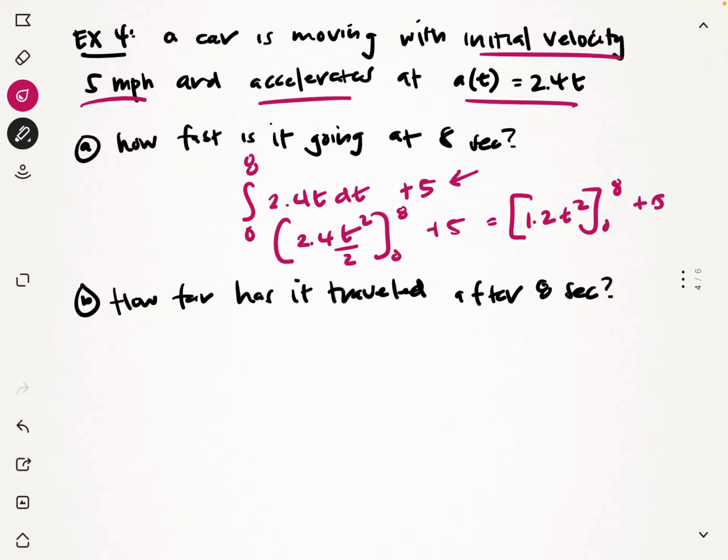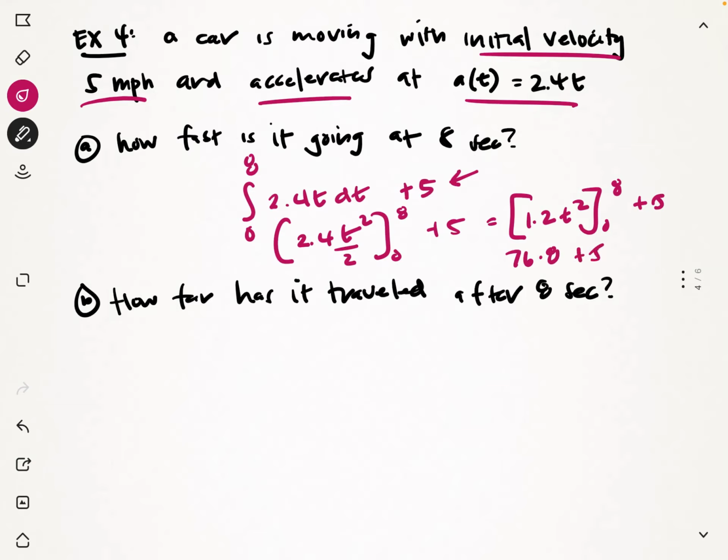Now, when we plug in our 8, 1.2 times 8 squared is going to give us 76.8. And when we plug in 0, that's just going to be 0, right? 0 squared times 1.2 is 0.